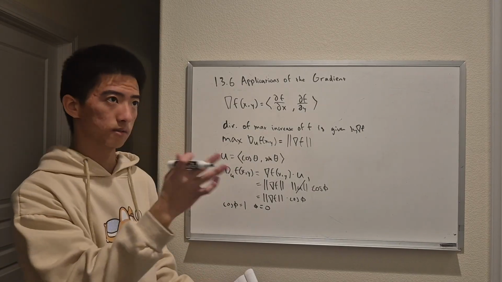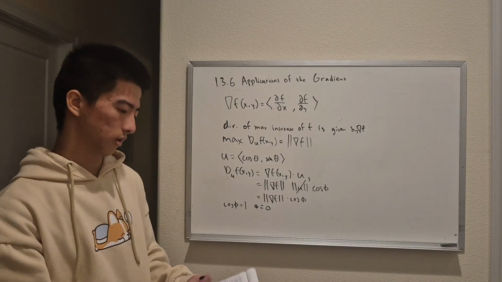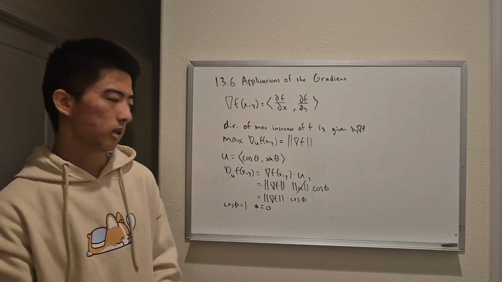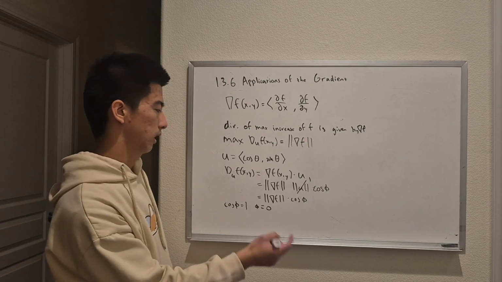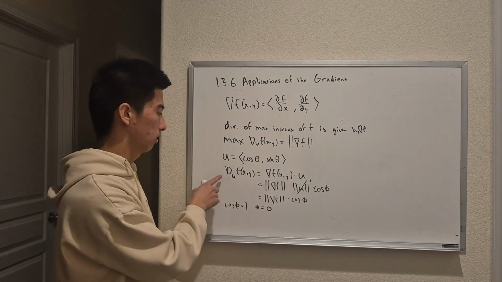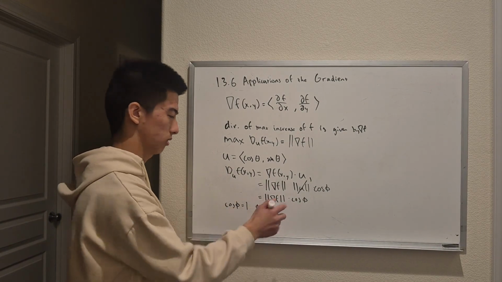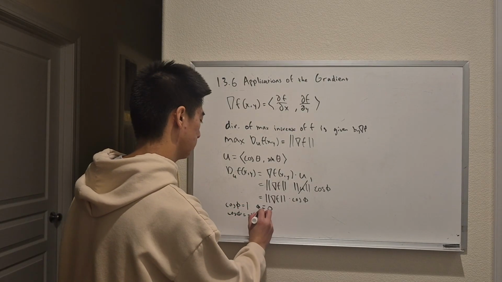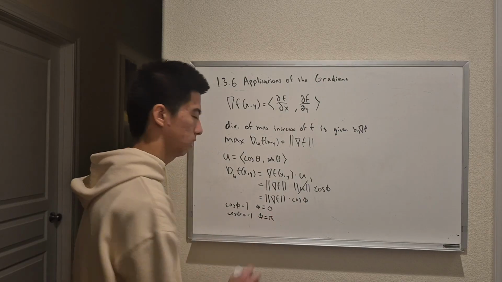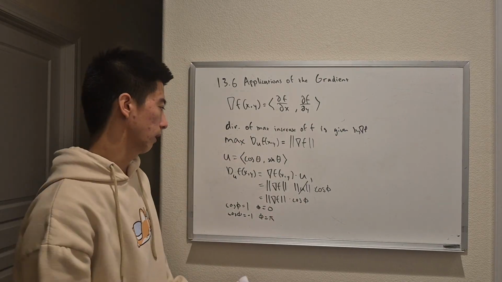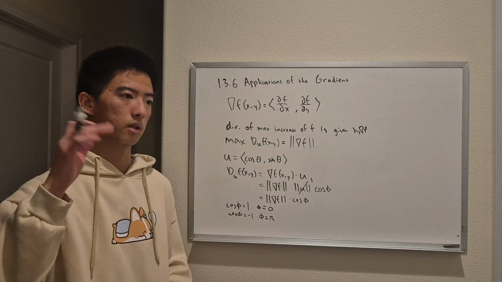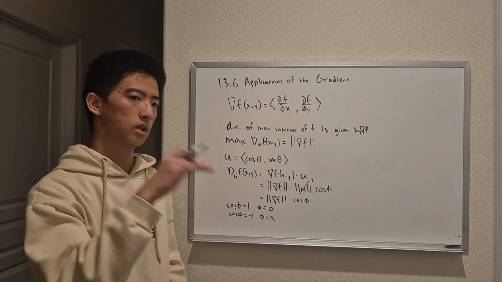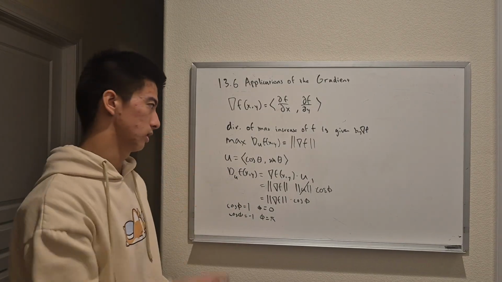So our gradient gives the direction of maximum increase. Similarly, the minimum value of the directional derivative happens when cosine phi is negative 1. This is when phi is equal to pi, so pretty much a 180 degree turn around, and that means the opposite direction of our gradient. The exact opposite direction is the maximum decrease.